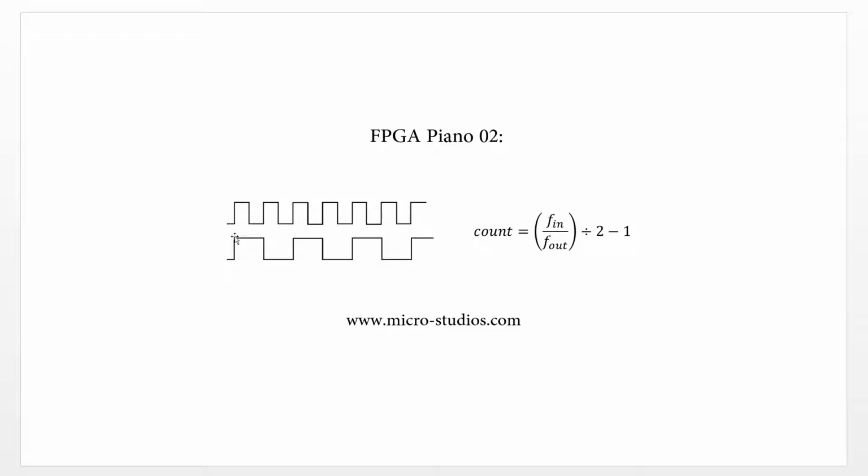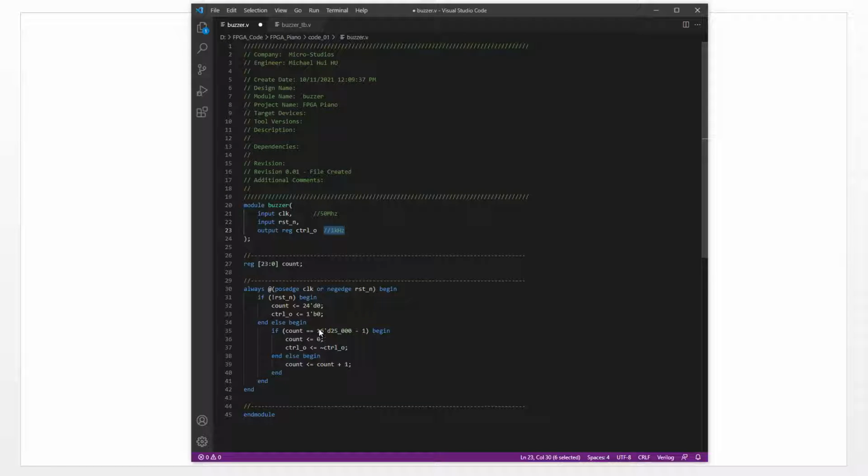The count value only keeps the high level or low level. After the count value arrives at a certain value, it reverses the level.